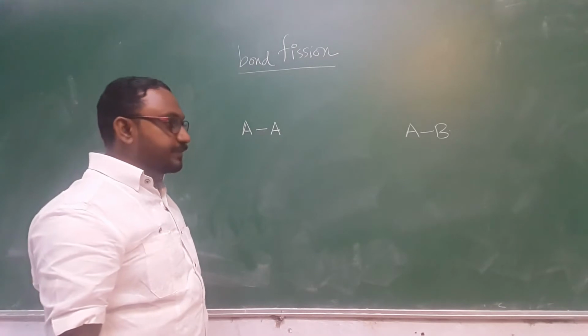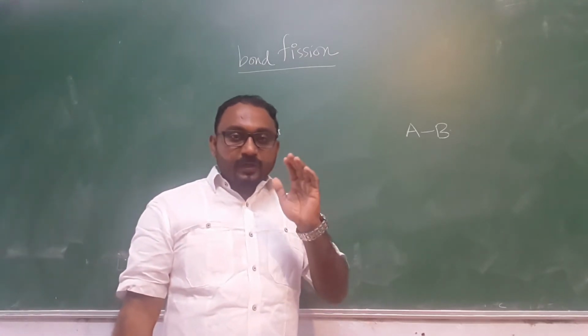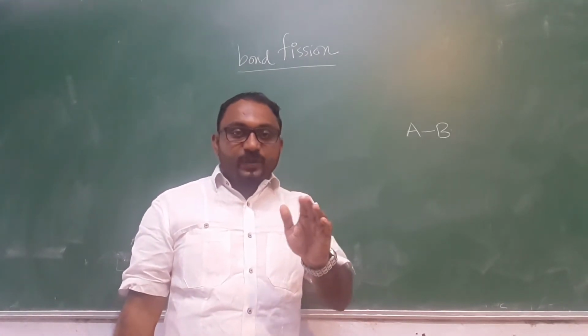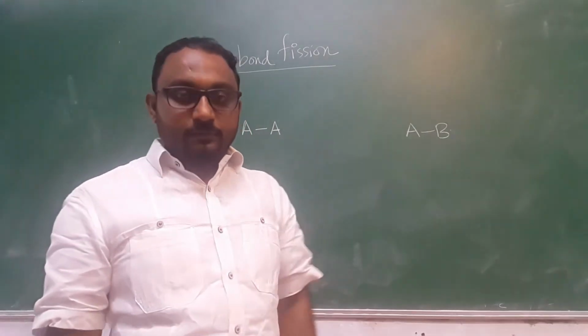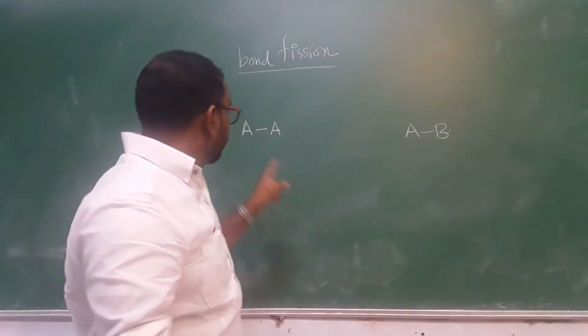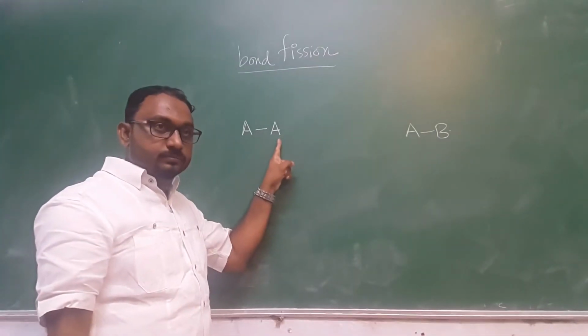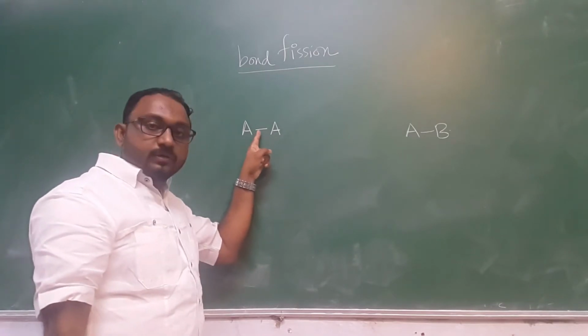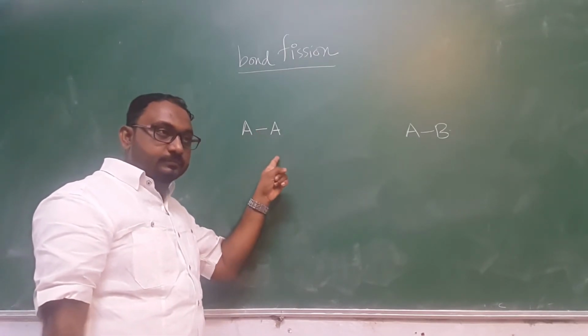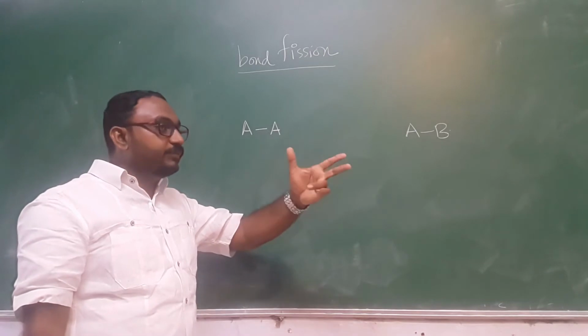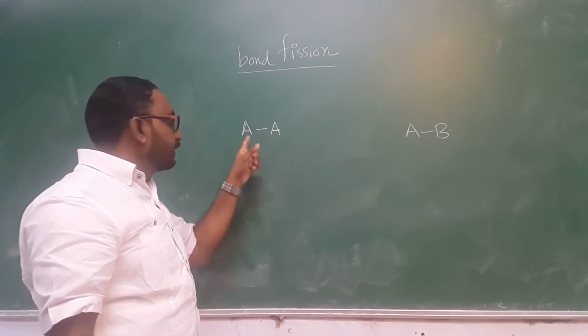When they come to a situation where they are supposed to depart, this is the pair of electrons that holds them together. If they move away from each other, what will happen?